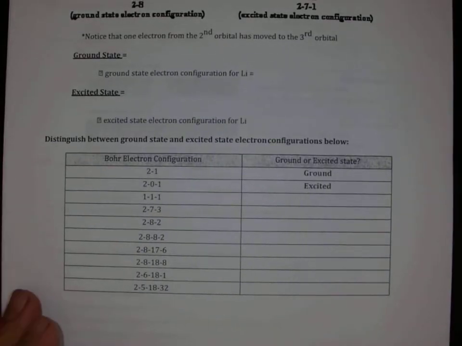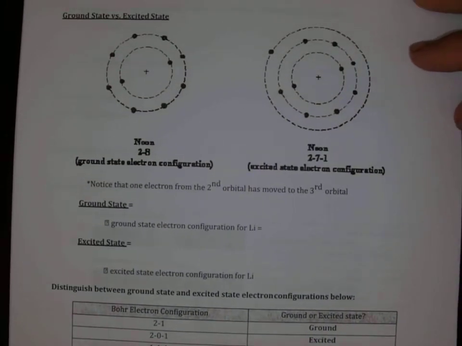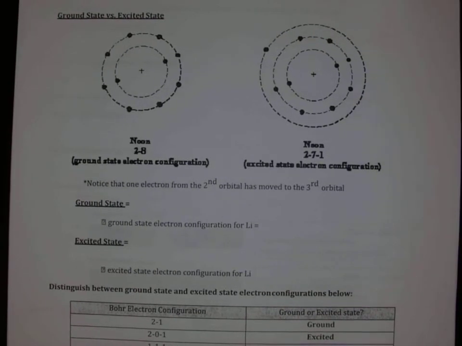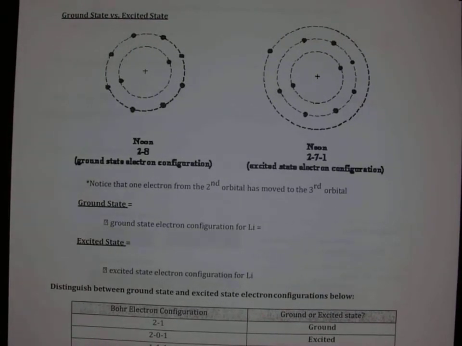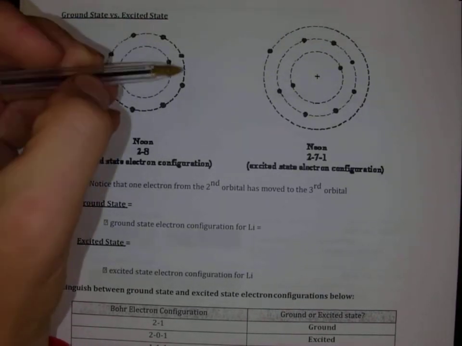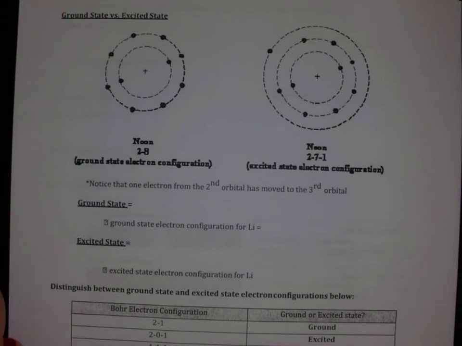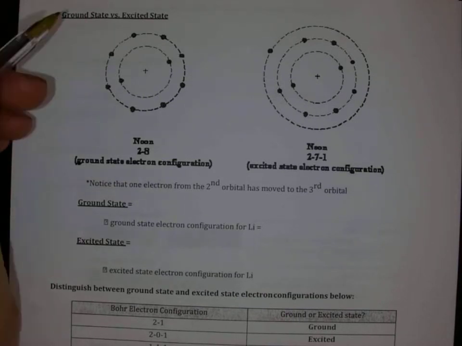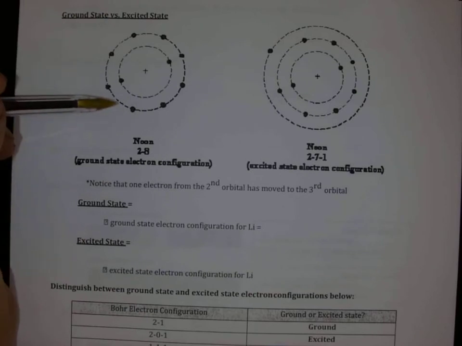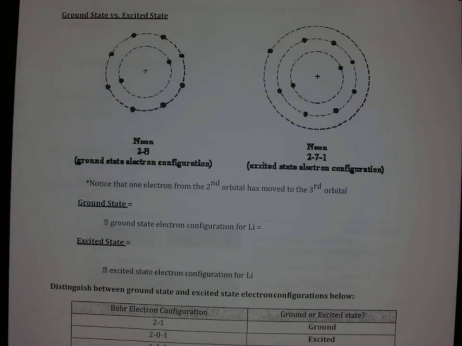Okay, so now let's look back at our Bohr model, right? Our Bohr model, what we have is a nucleus in the center, and then we have these orbits, okay? So our electrons are going to be absorbing or releasing energy based on the light, okay? So what we need to do is identify whether they've gained or released energy.